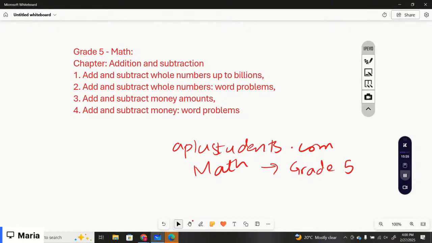We're going to start with the chapter addition and subtraction. The lessons we're going to cover today are addition, add and subtract whole numbers up to billions, add and subtract whole numbers word problems, add and subtract money amounts, add and subtract money amounts word problems.